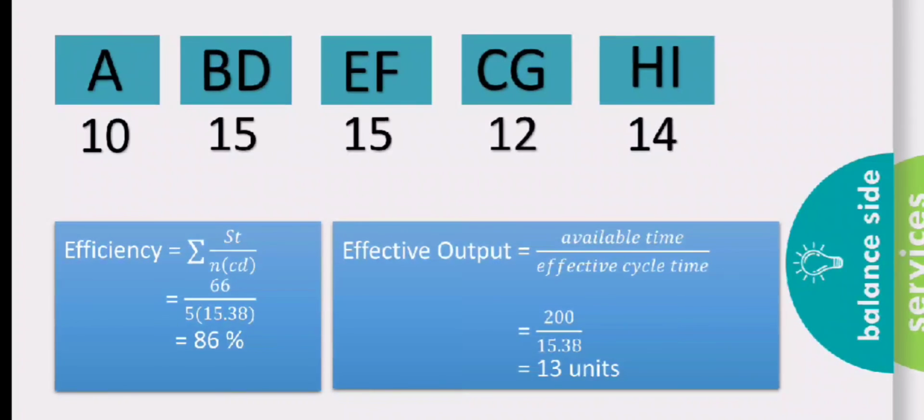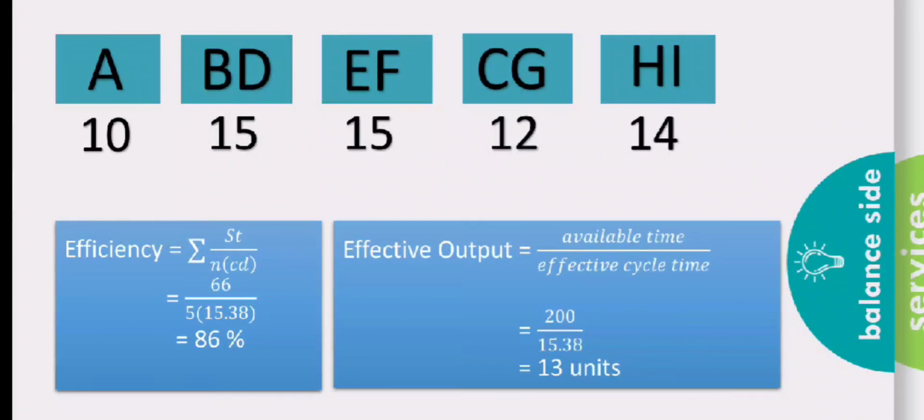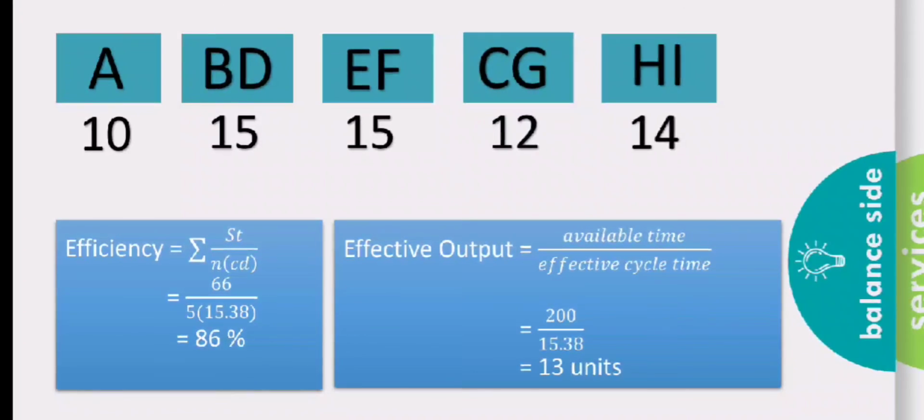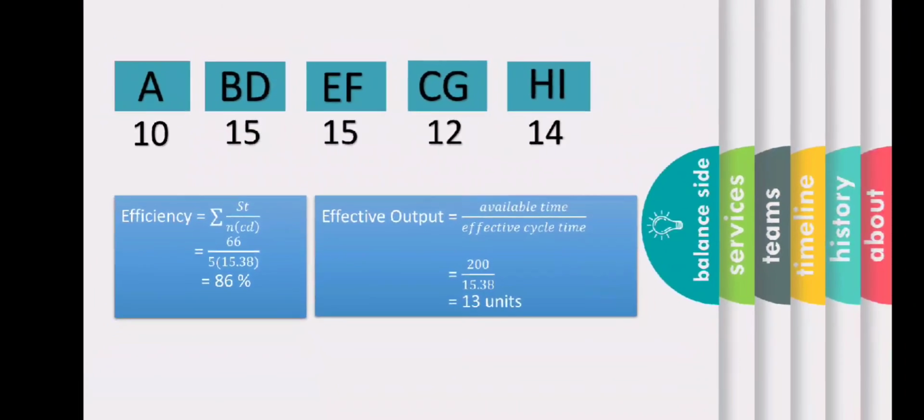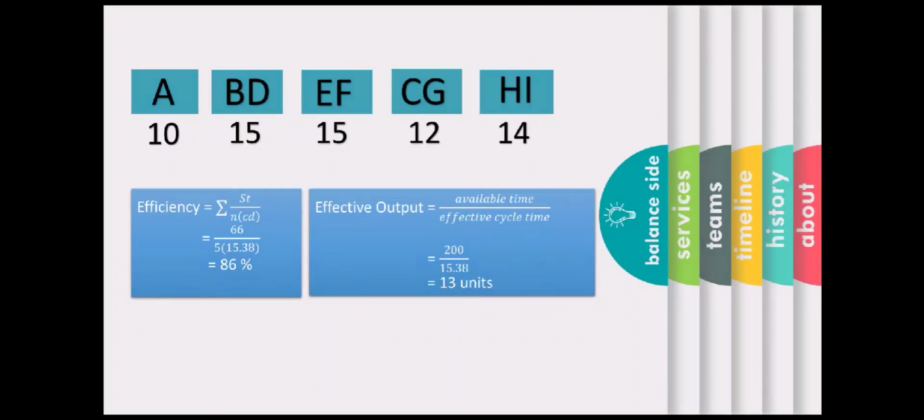To compute the effective output, we have the formula available time over the effective cycle time. Input all the value and we'll come up into 200 divided by 15.38 is equals to 13 units, which is correct from our problem.